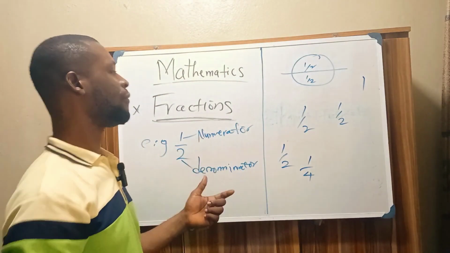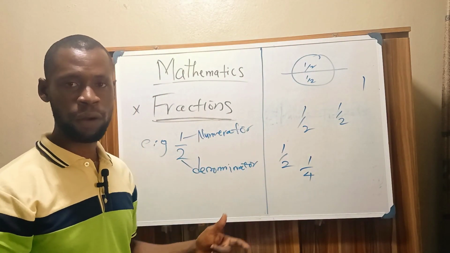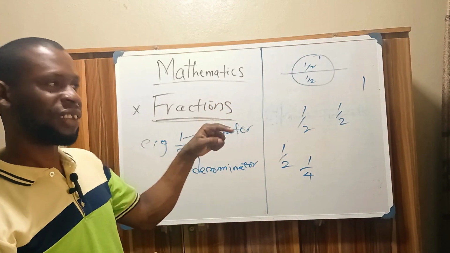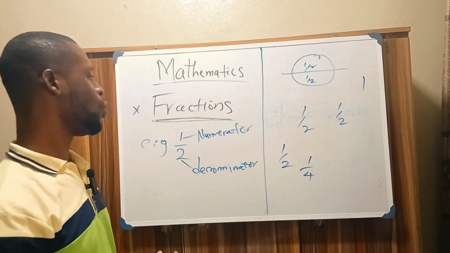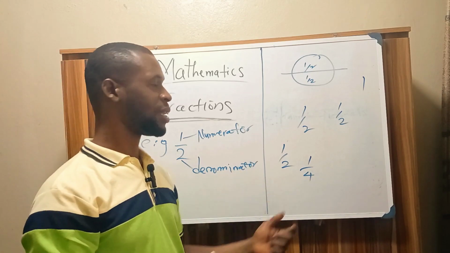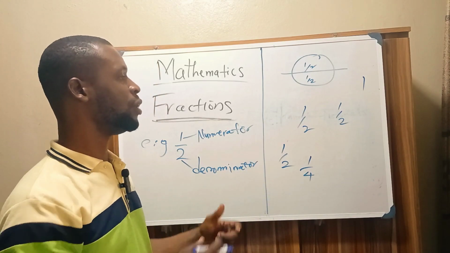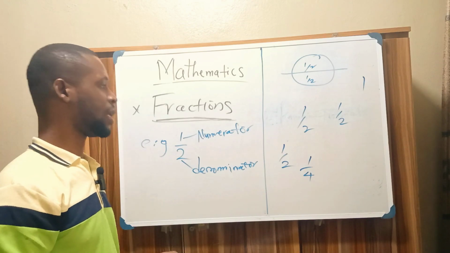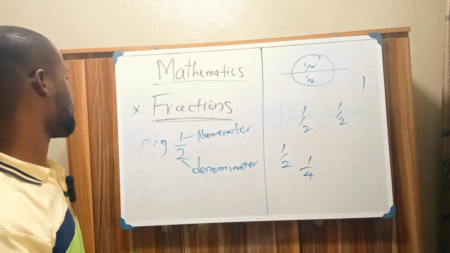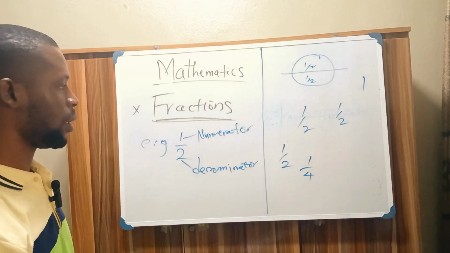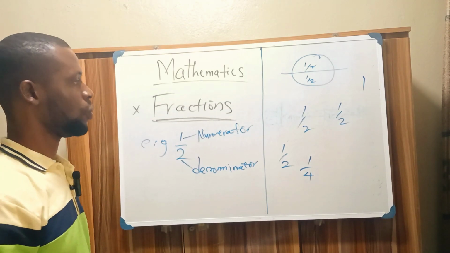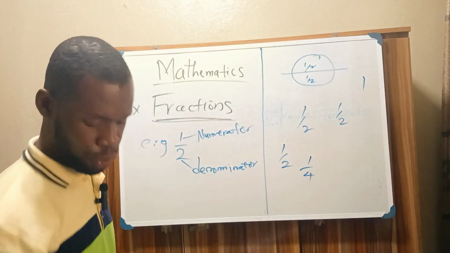That is why we say that a fraction is a part of a whole expressed as a figure placed on top of another figure. So we are using figures to represent the whole. For example, as I told us, 1, if we want to divide it into 2, we are going to have 1/2.